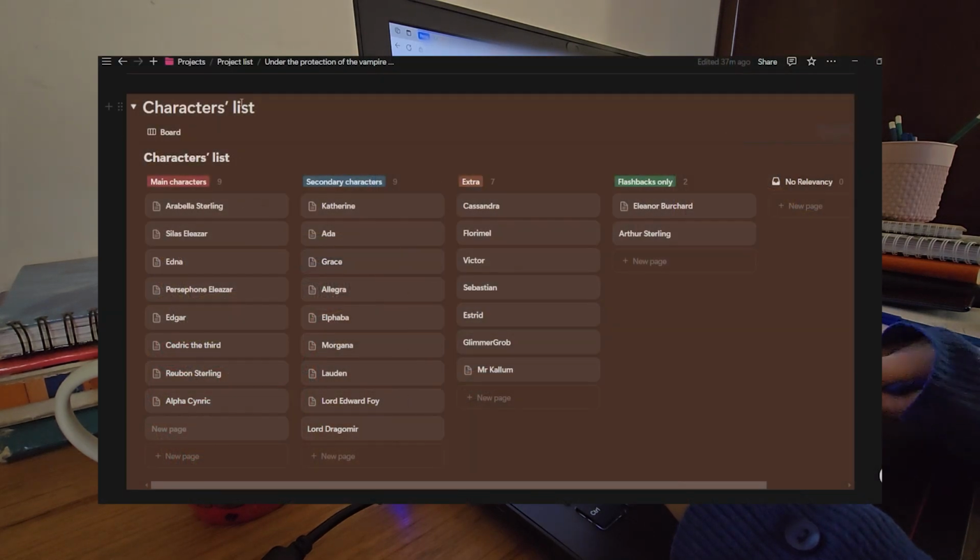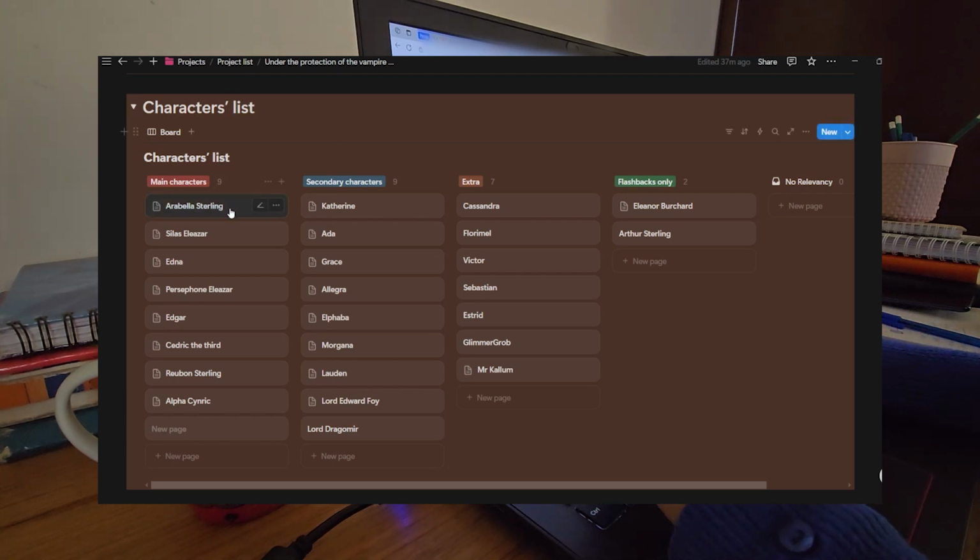Right after that comes the characters list, and the cool thing about Notion is that it allows me to combine the characters lists and their charts, unlike Google Docs where I had to create two separate sections and then link them together. So first here we have the names and then the relevancy of the character. That's just how I like to categorize and split them for clarity.